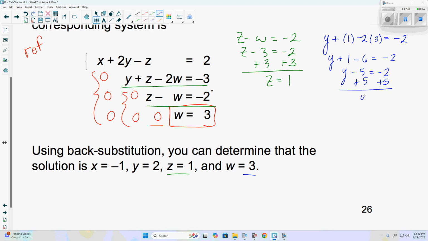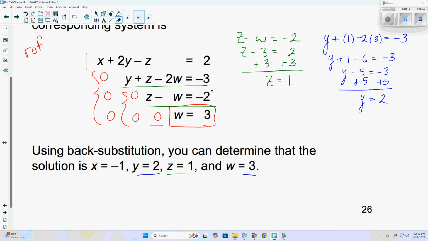Add 5, telling us y is, should be, make sure. I did that right. Y plus z, z is 1 minus 2w, 2 times 3. I went down 1. Telling us y is 2.